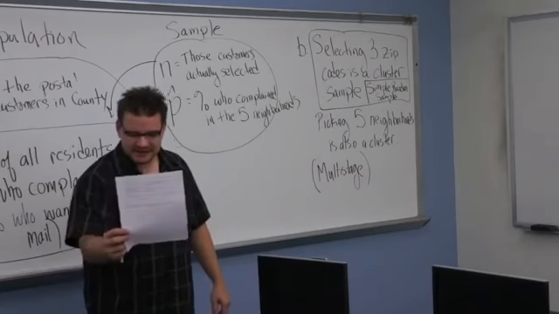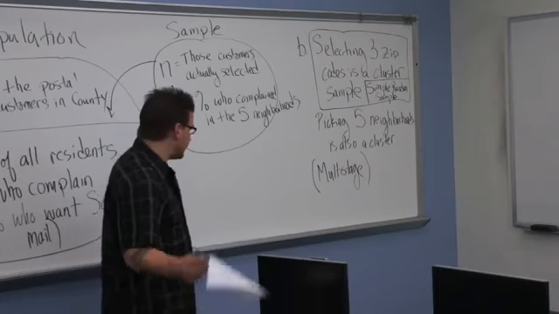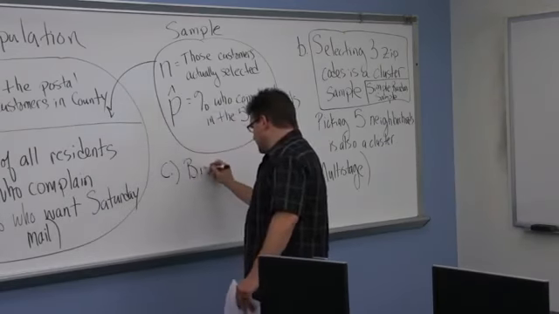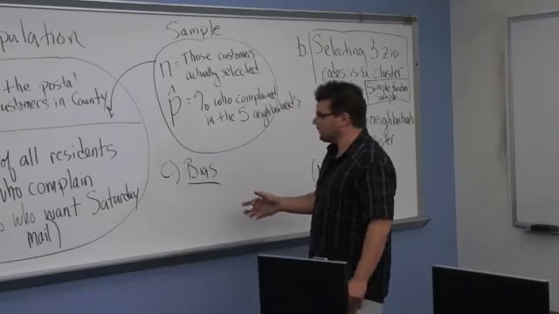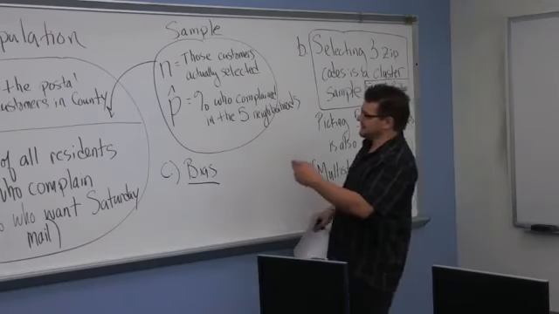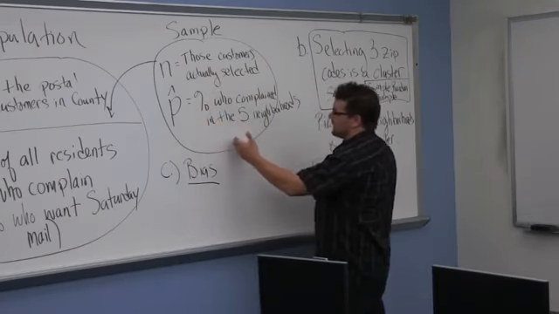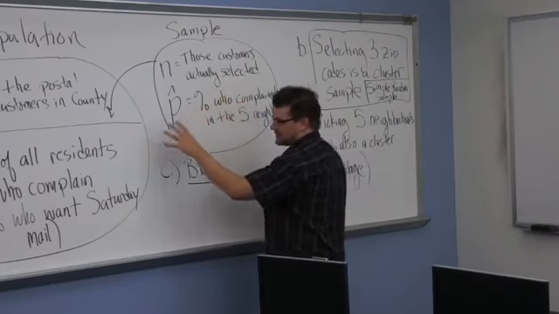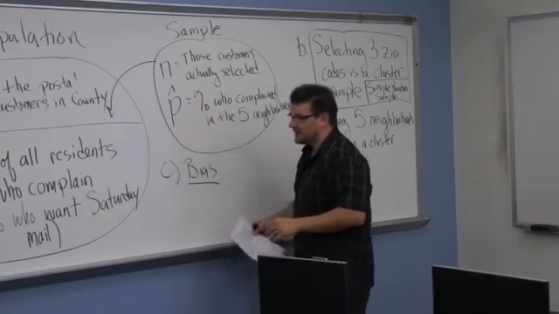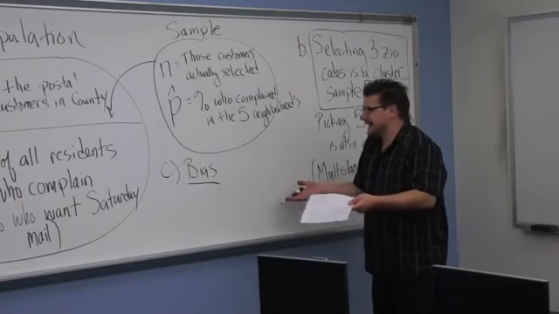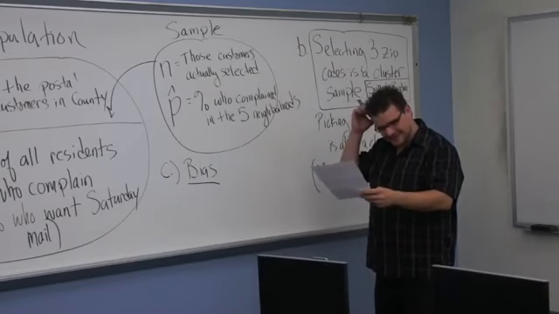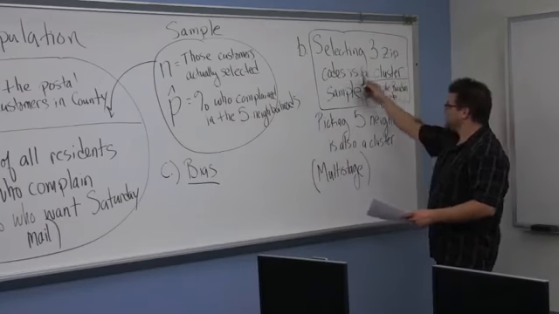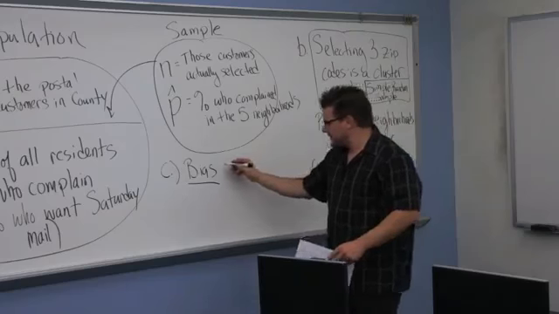Finally, part C says to list any potential sources of bias. In other words, what could go wrong? Would the way that we selected our data make this sample not representative of the population? And I don't know. A lot of this is subjective. We don't know how the 3 zip codes were selected.